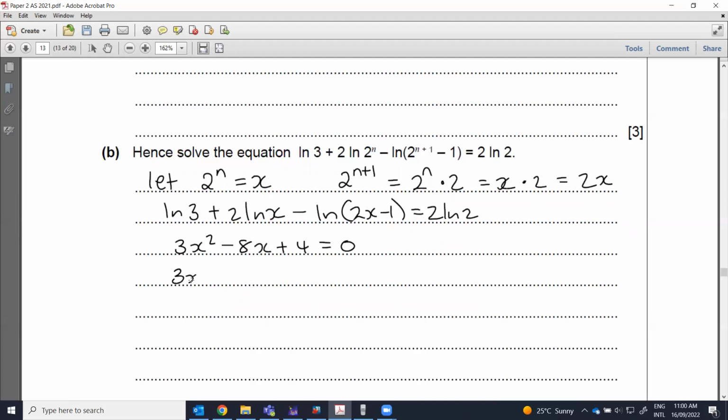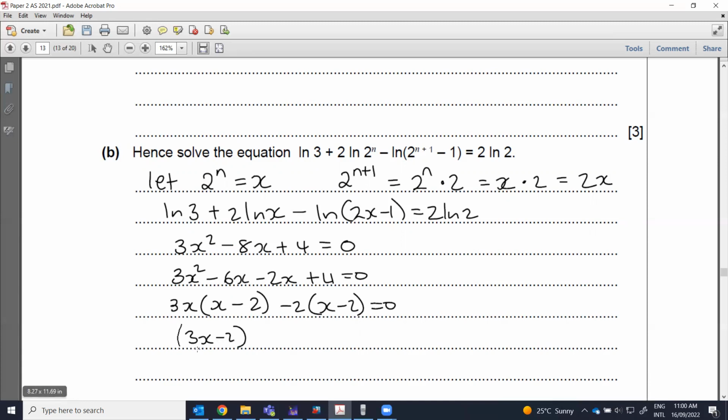So I have 3x squared minus 6x minus 2x plus 4 equals 0. These first two terms, what do they have in common? 3x. Then I have x minus 2. These two terms, they have minus 2 in common. I have x minus 2 is 0. So we complete the factorization.